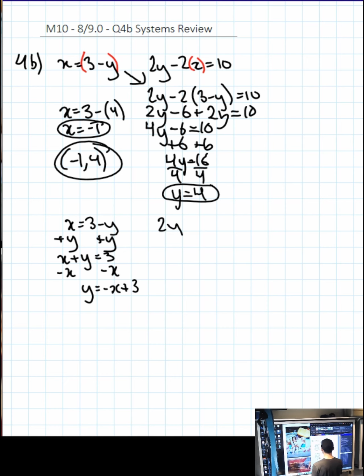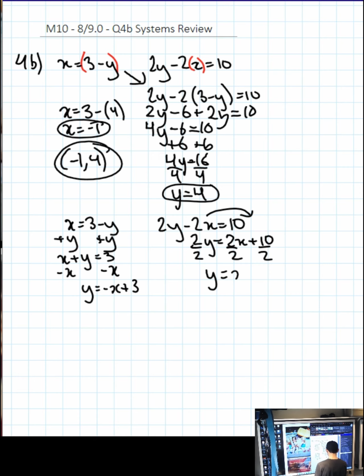We have 2y minus 2x equals 10. We can add 2x to both sides or bring it over. 2y equals, if we add 2x to both sides, it will say 2x plus 10. Then if we divide both sides by 2, we'll get y equals x plus 5. So those are the two equations in y equals mx plus b form.